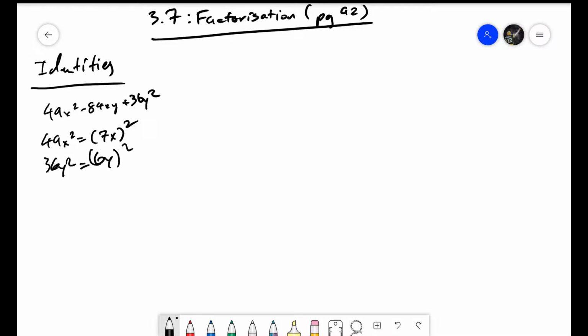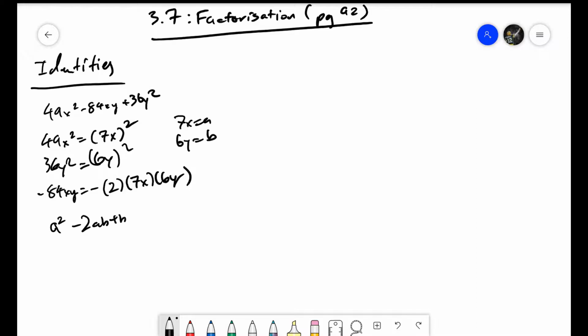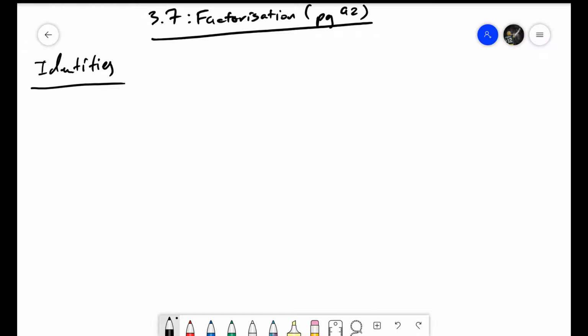And negative 84xy is equal to negative 2 times 7x times 6y, which means that if 7x equals a and 6y equals b, this can be written as a squared minus 2ab plus b squared, which is also factorable as (a minus b) squared. Therefore, this can be factored as (7x minus 6y), the whole thing squared.